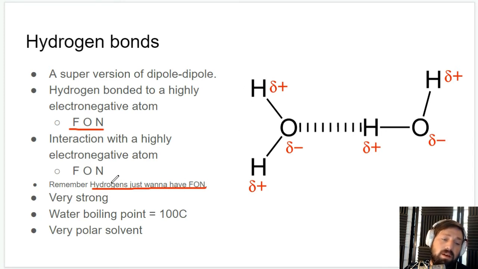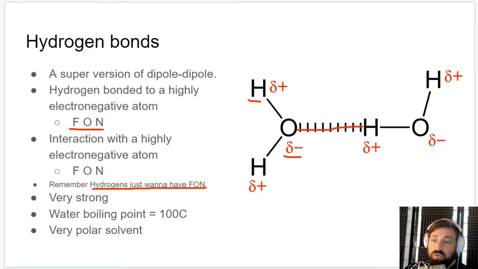So remember, it's a hydrogen because it only has one electron, and then some electronegative atom, FON. If these guys are bonded together, then the negative charge and the extremely positive charge of the hydrogen start becoming attracted to one another.